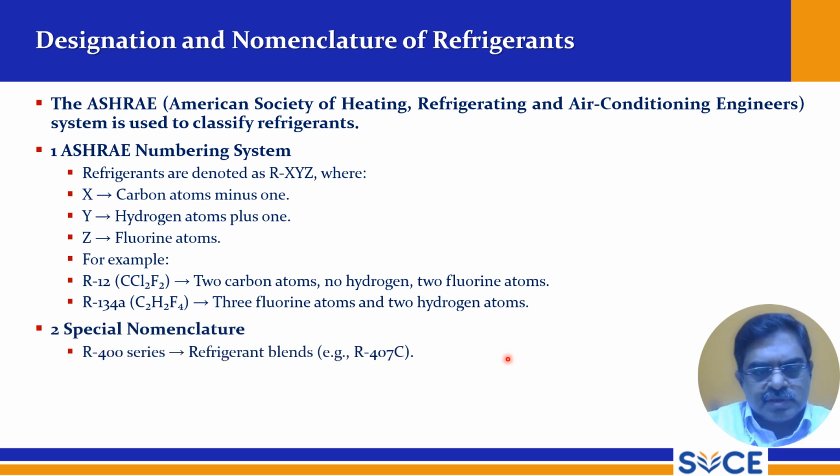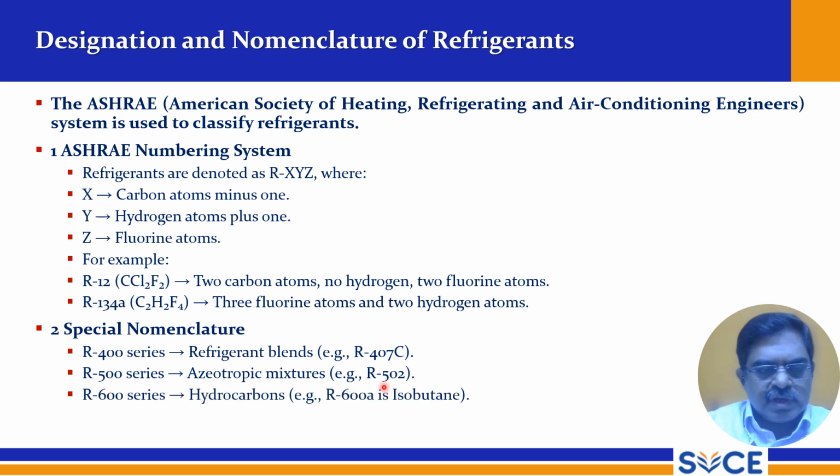Special nomenclature. R400 series are refrigerant blends, that is R407C. It is a blended refrigerant. R500 series are azeotropic mixtures, that is R502. R600 series are hydrocarbon refrigerants.